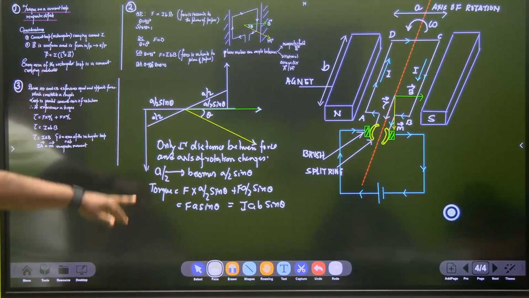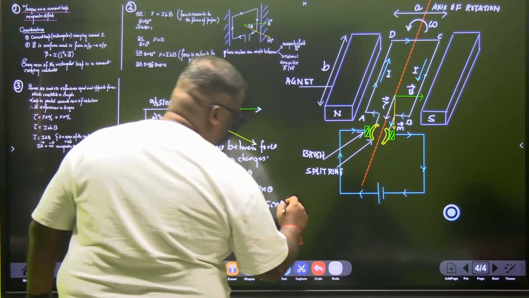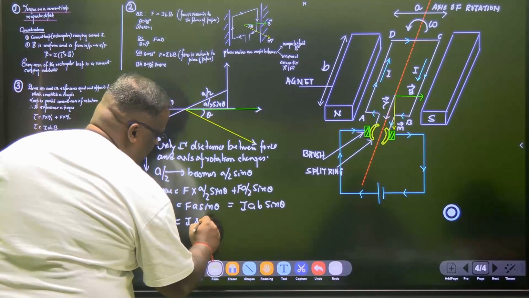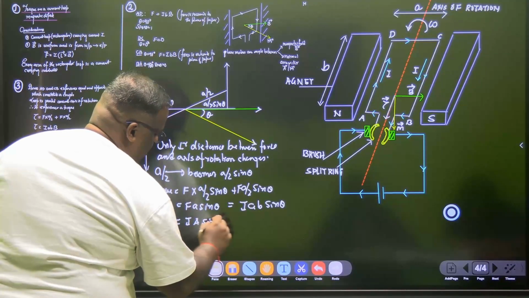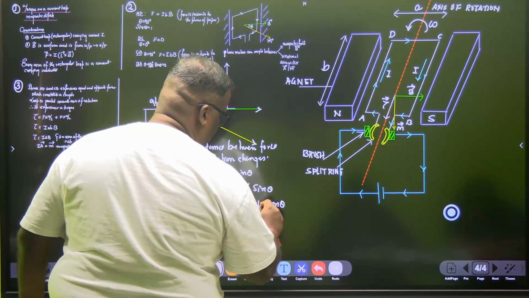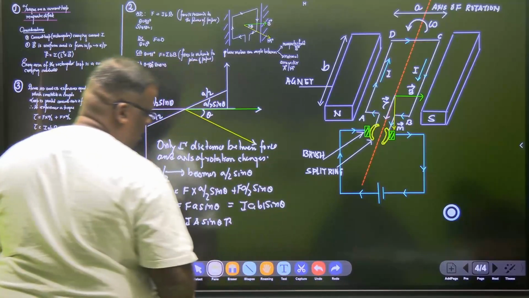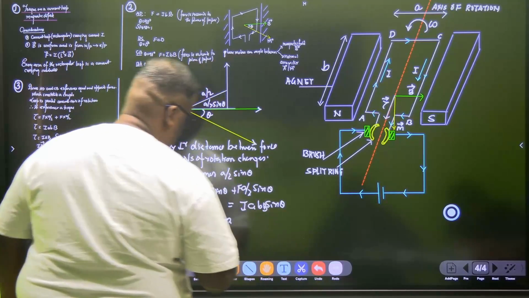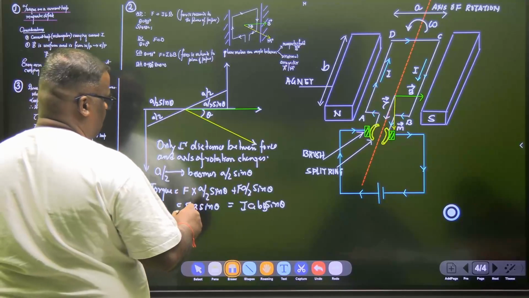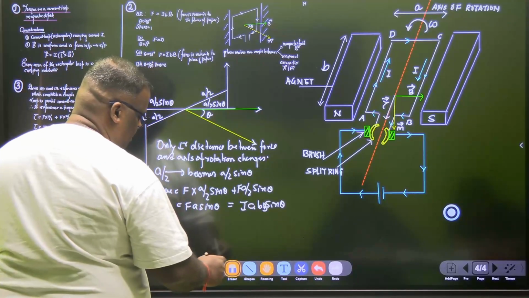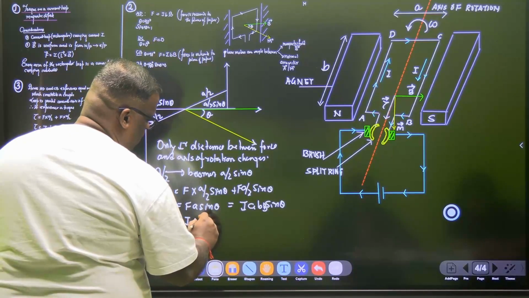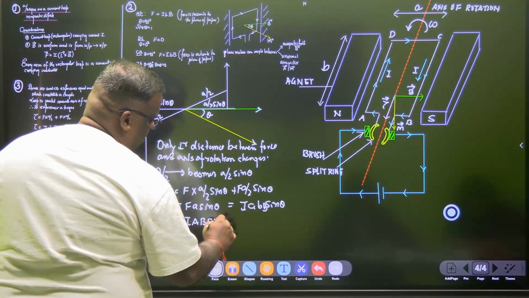Did you understand? IAB sine theta, which can be written as IA into B sine theta.